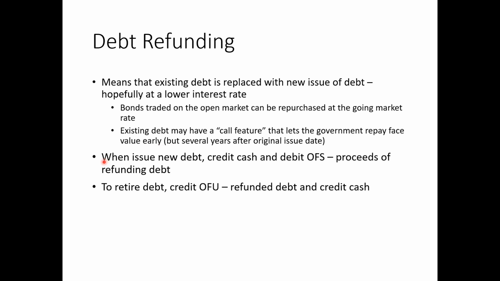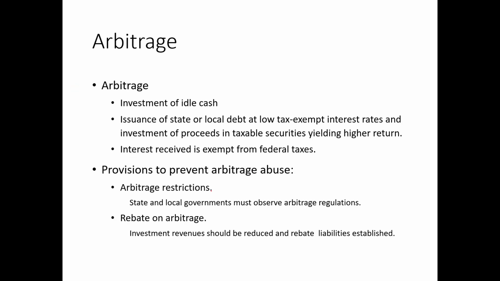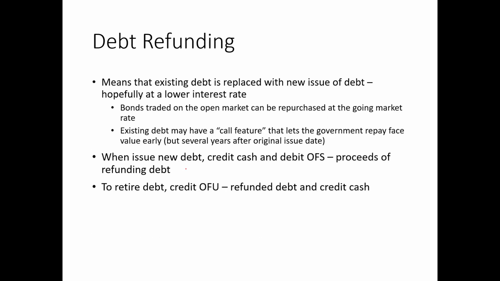So the issue with debt refunding is when you issue new debt. Here we're going to correct some typos. When the government issues new debt, they're going to do a refunding pretty soon.